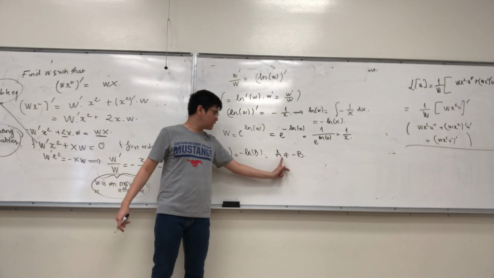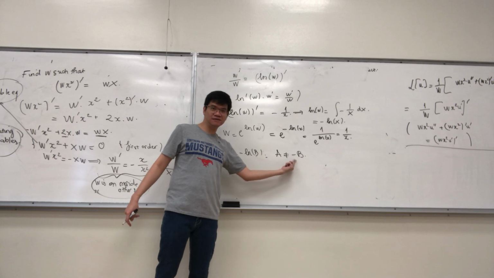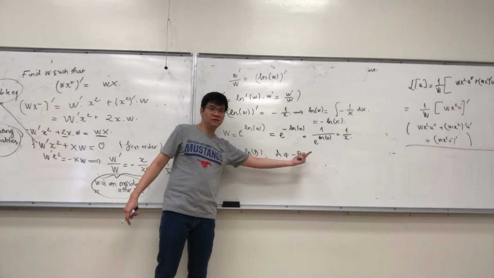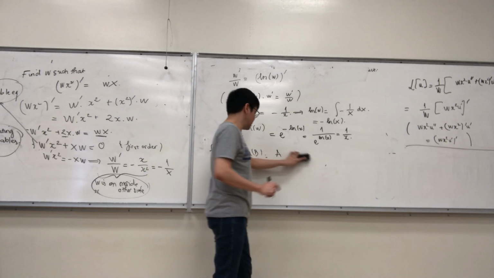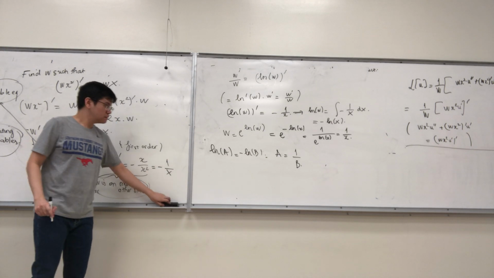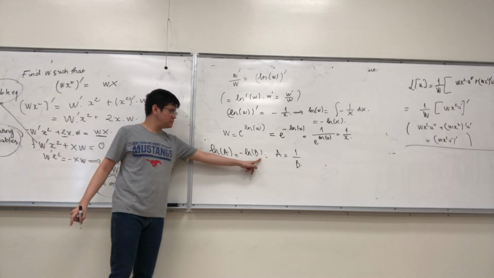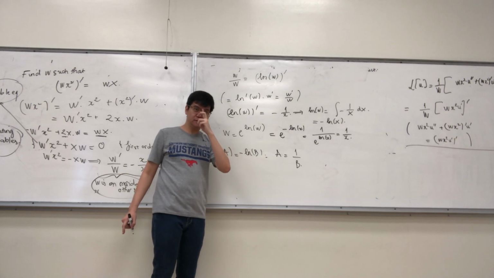If A is minus B, meaning that B is negative, so A cannot be minus B. So log of A is minus log of B means that A is 1 over B, right? It's clear.